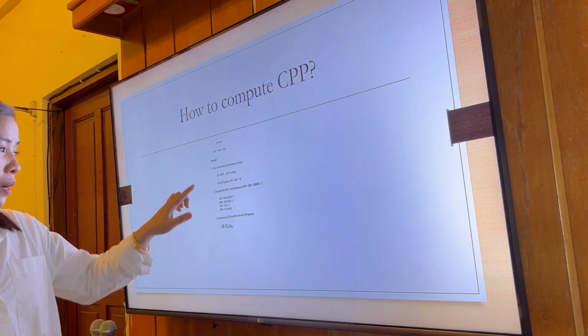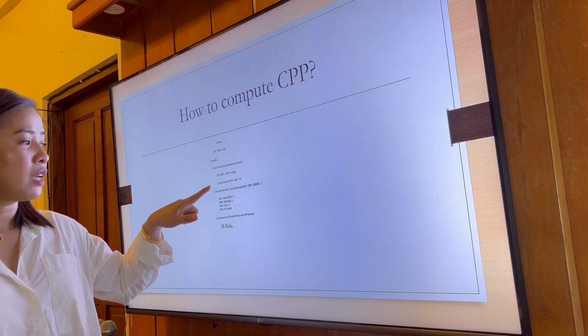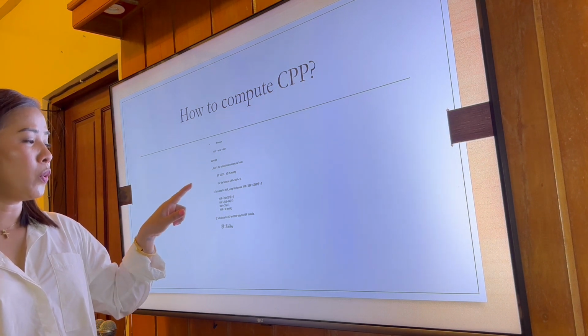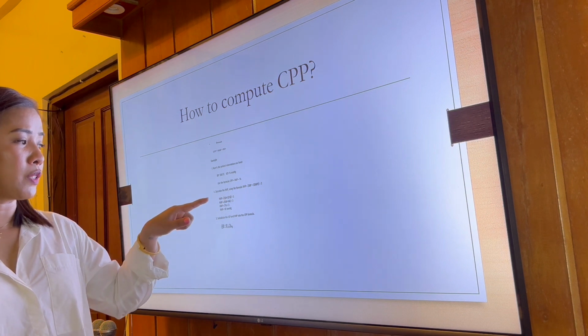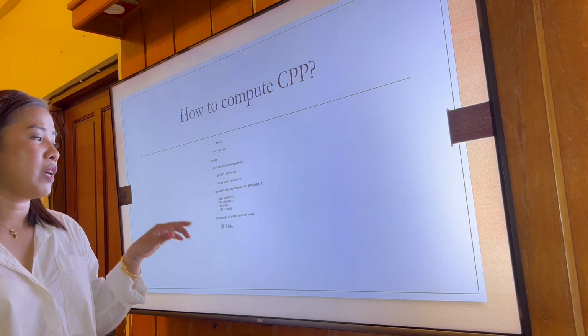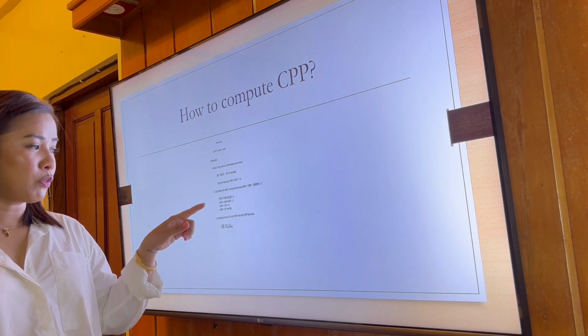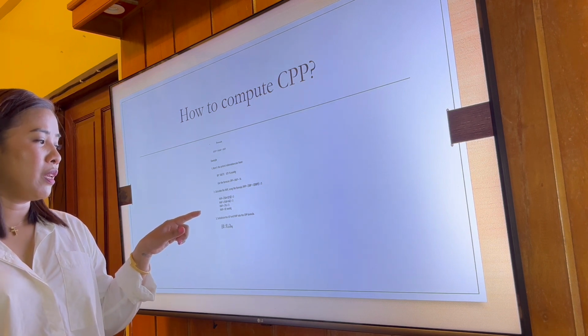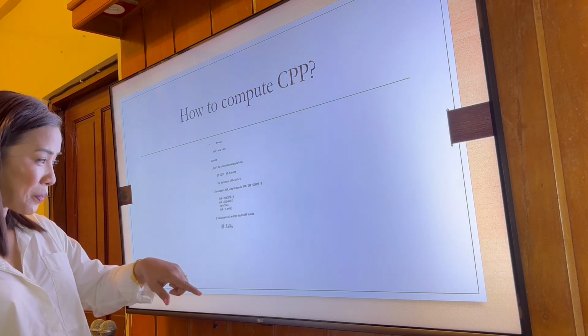So our systolic blood pressure here is 130, plus 2 multiplied by our diastolic blood pressure of 73, divided by 3. So 2 times 73 is 146. So it will be 130 plus 146 divided by 3.